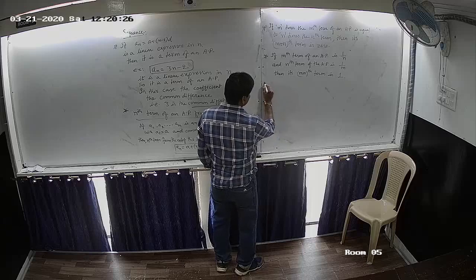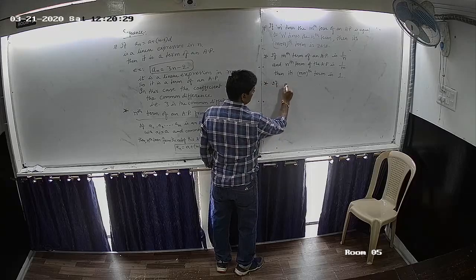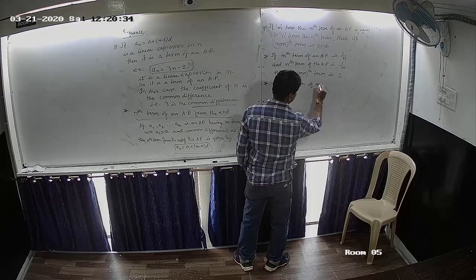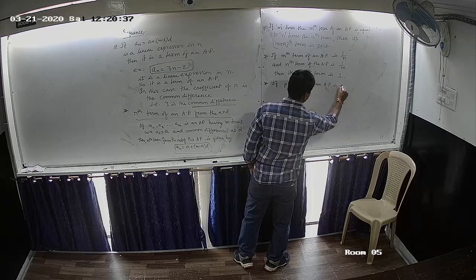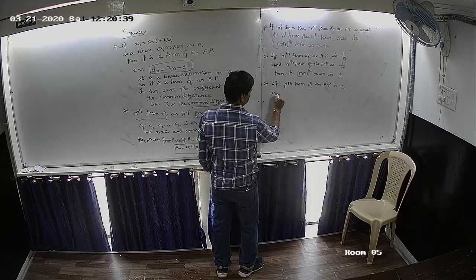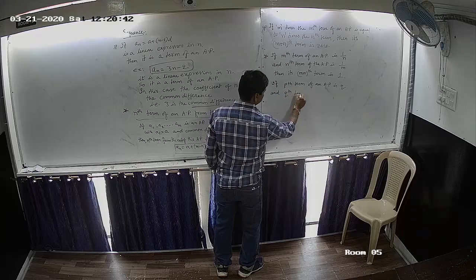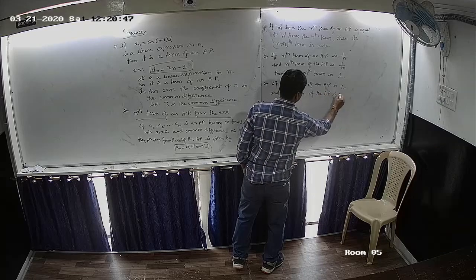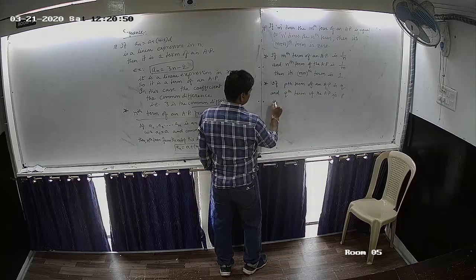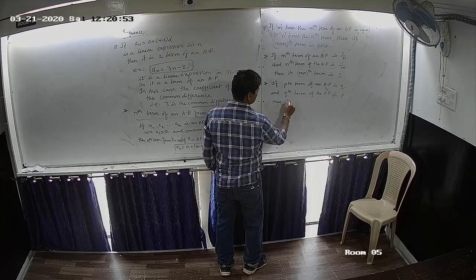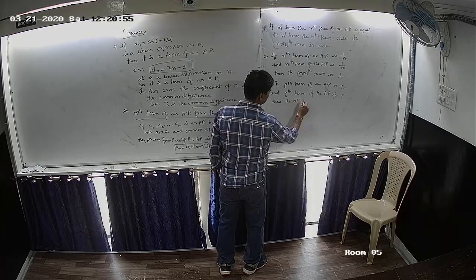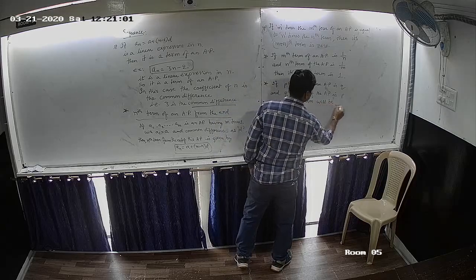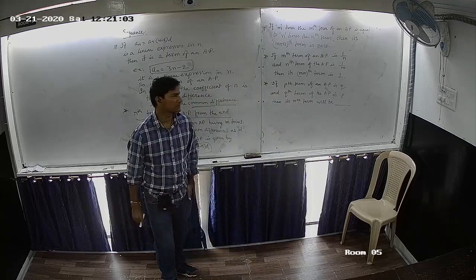Then next result, if pth term of an AP is q and qth term of the AP is p, then its nth term will be, what will be the nth term?